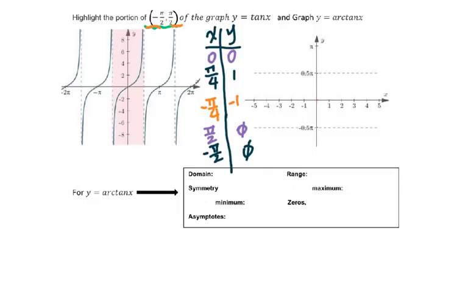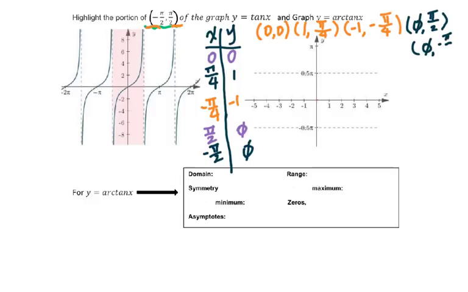So we got the following coordinates: 0, 0; 1, pi over 4; negative 1, negative pi over 4; undefined, pi over 2; then we have undefined, negative pi over 2, which means for pi over 2 and negative pi over 2, you got the asymptote line, like these two. This is a horizontal asymptote line.